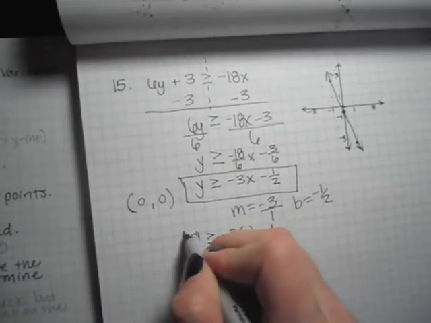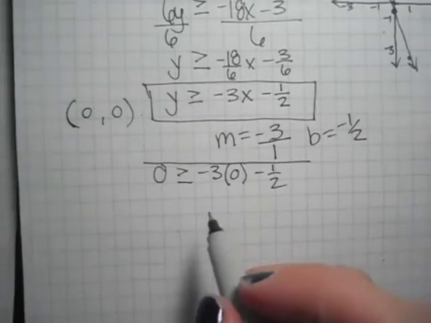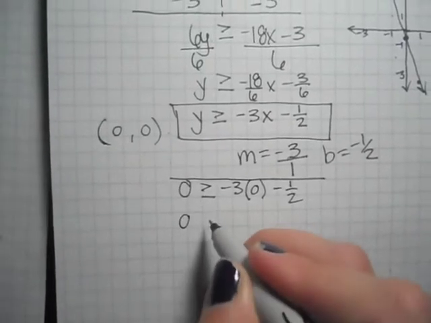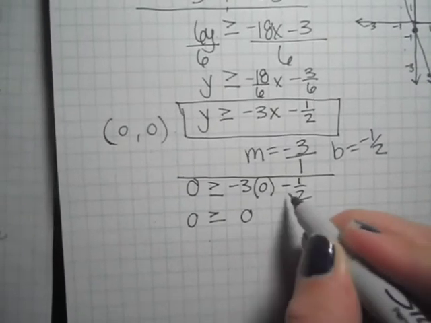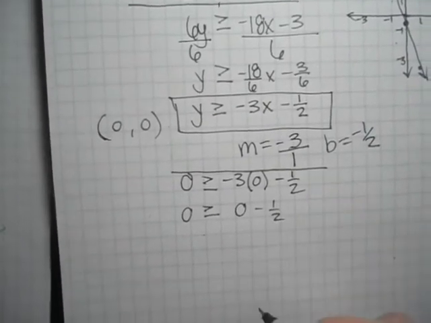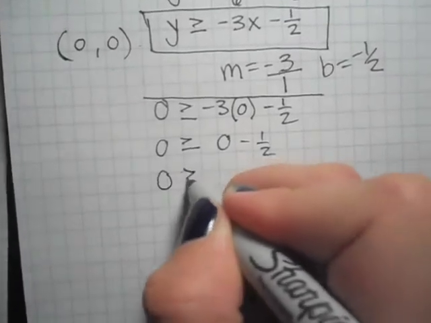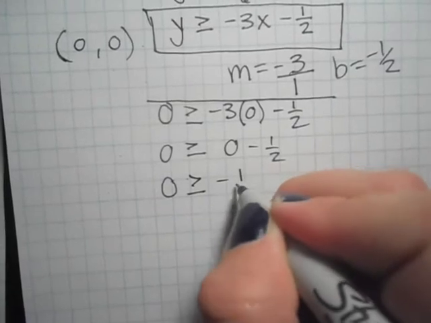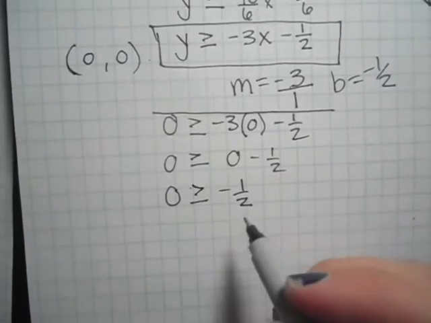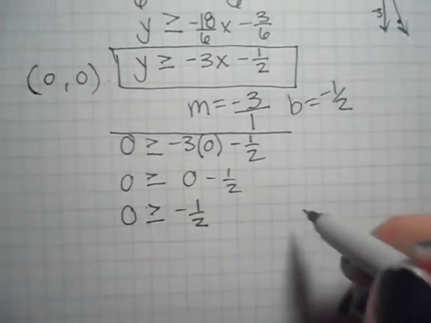stays as it is. Okay? We'll simplify this one line. Left side stays the same. Negative 3 times 0 is 0 minus 1/2. Simplifying it once more. 0 minus 1/2 is just negative 1/2. Now we ask ourselves, is 0 greater than negative 1/2?